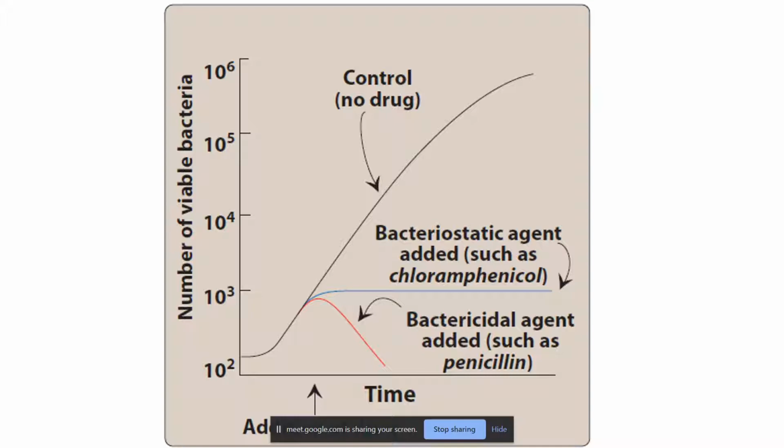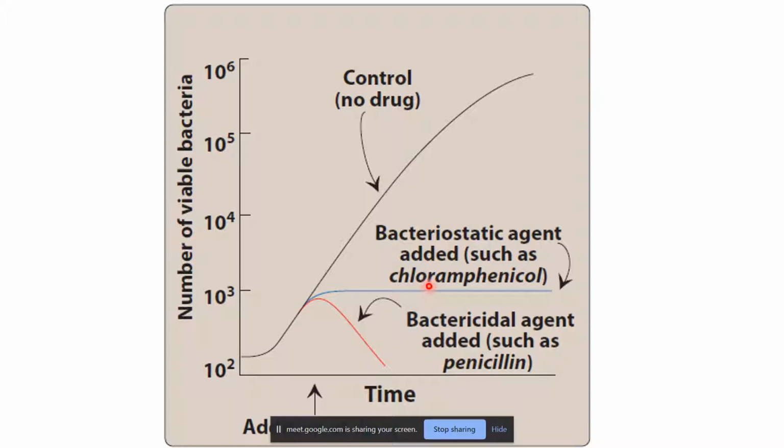Bacteriostatic drugs will not decrease the number of viable bacteria, but will prevent the growth and replication of bacteria, so the number of bacteria will stay low and the immune system of the host organism can decrease the amount of bacteria further because there are not so many of them left. These are bacteriostatic agents.